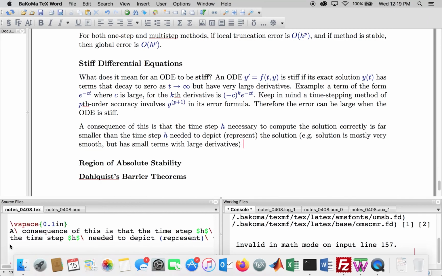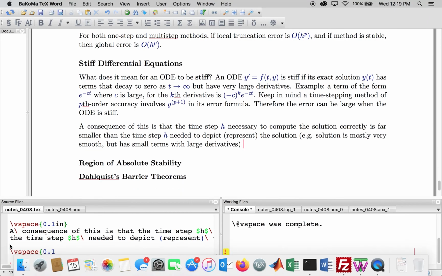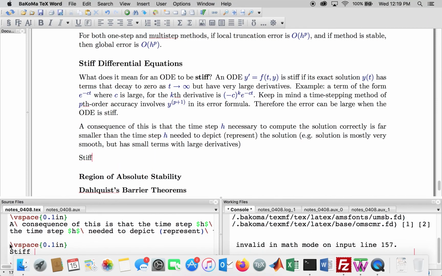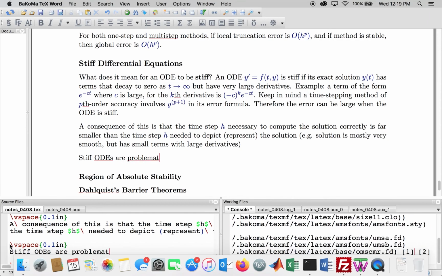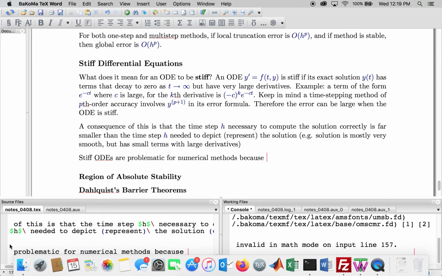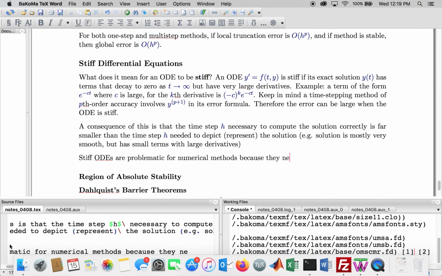Now, why is this a problem? Stiff ODEs are a problem because they require a small value of h.